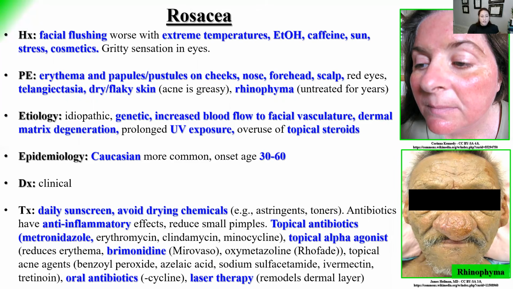Topical acne agents like benzoyl peroxide, azelaic acid, all of those can help with some of those pustule developments to help decrease those. And then oral antibiotics. Some of your cyclines can again help with this, with both anti-inflammatory properties and to help reduce some of those pustules. We can also use laser therapies for this, and laser therapies help to remodel that top dermal layer so that it reduces some of that blood flow.